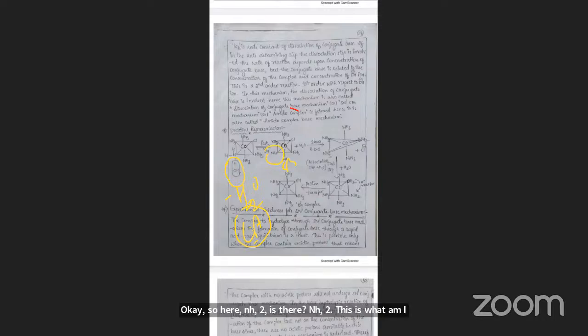Okay, so in step 2, what happened? This is the slow step, where the conjugate base loses one Cl ligand and is converted into a trigonal bipyramidal geometry complex.